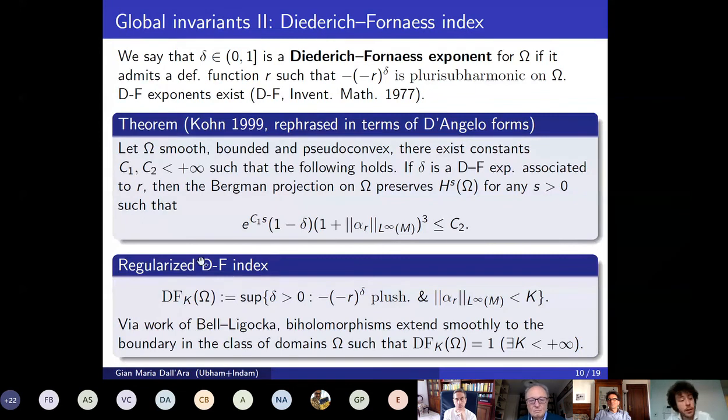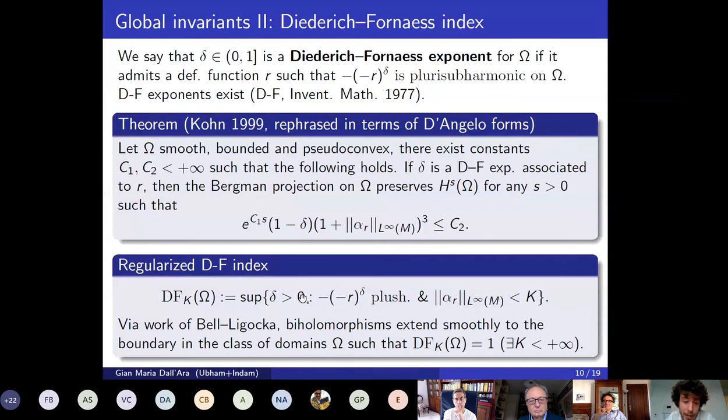So we're going to define a regularized version of the Diederich-Fornaess index where the supremum is only over those delta that are Diederich-Fornaess exponents corresponding to a defining function whose D'Angelo form is bounded in L infinity norm by some constant k. The definition is quite involved, but it's a natural one for this statement.